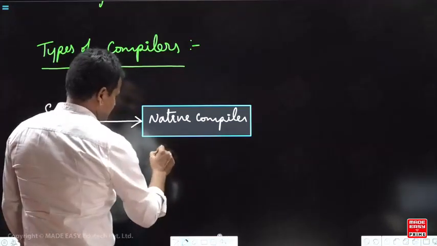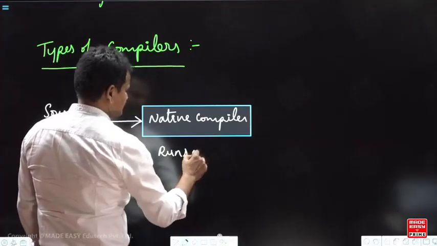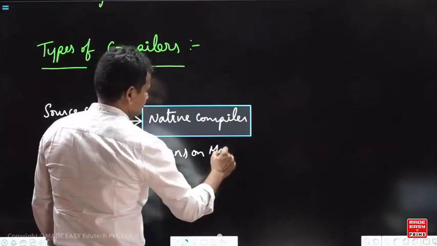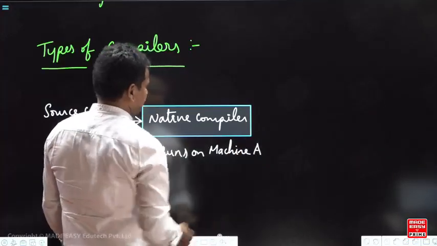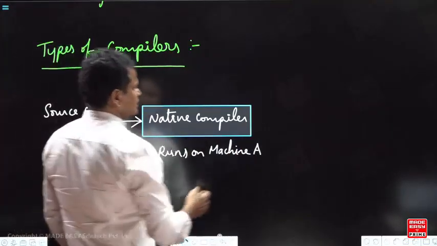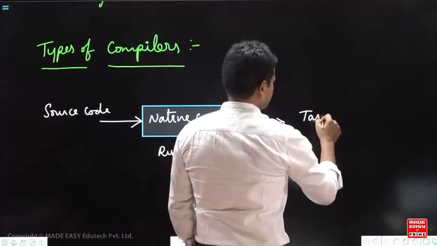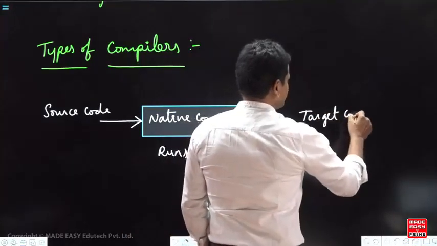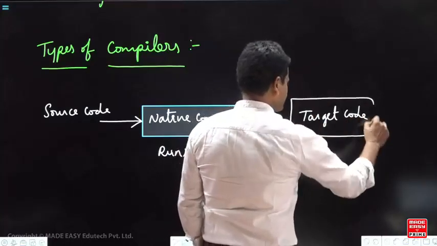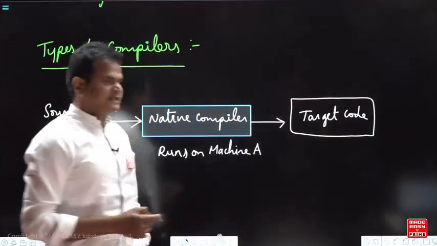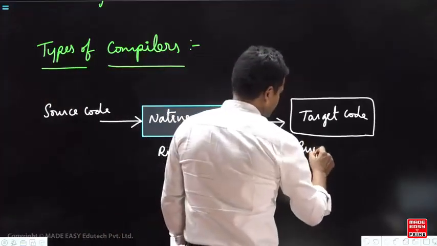Suppose this compiler is running on machine A. The compiler takes the source code and produces the target code, and whatever target code is produced by this native compiler also runs on the same machine.